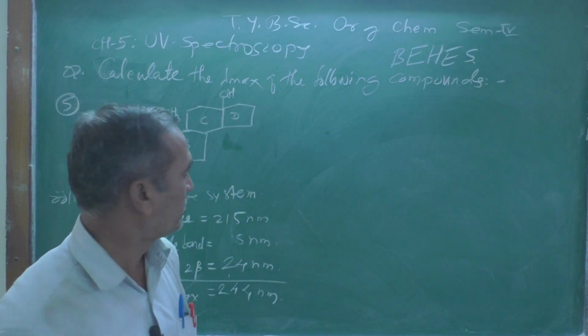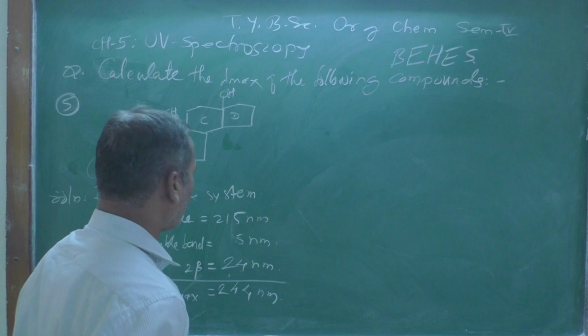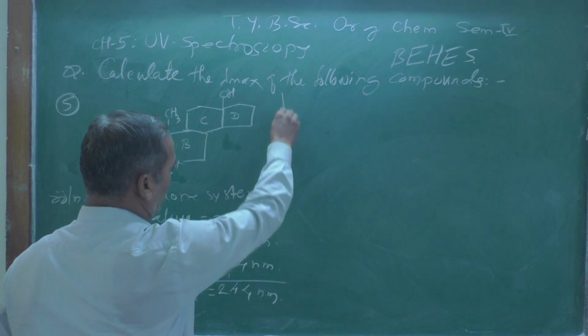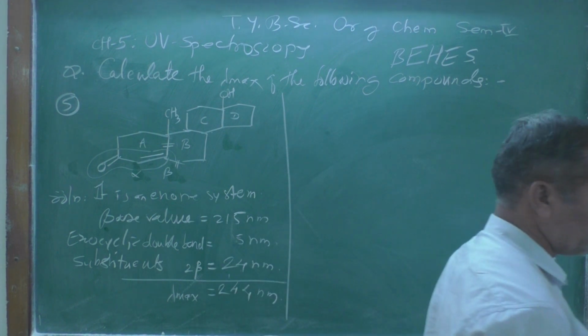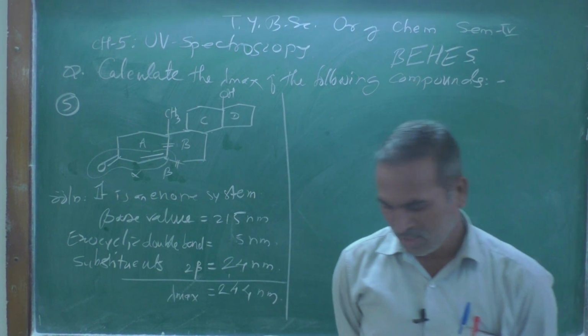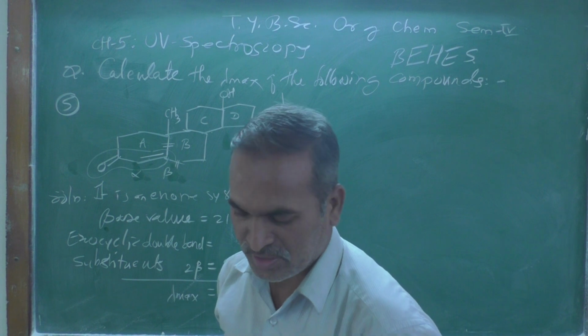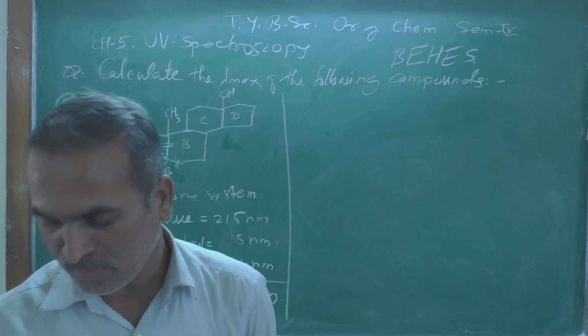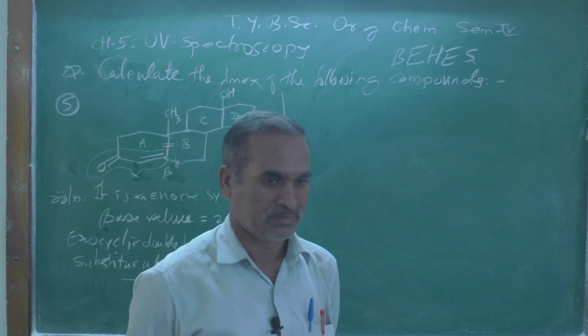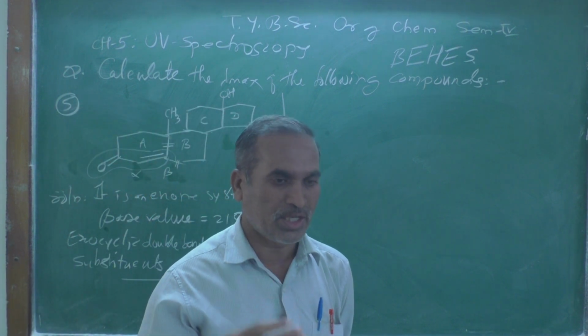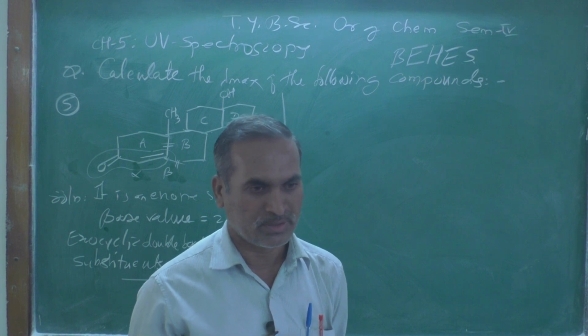Did you get it? So in this way we can solve problems based on UV. Is there any difficulty while solving such a problem? I hope you are all getting better and better.